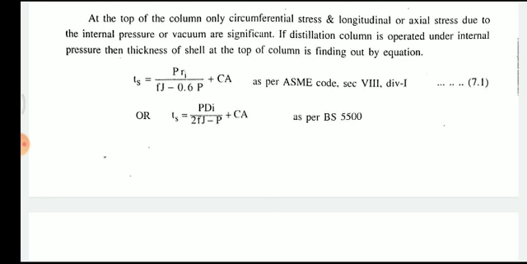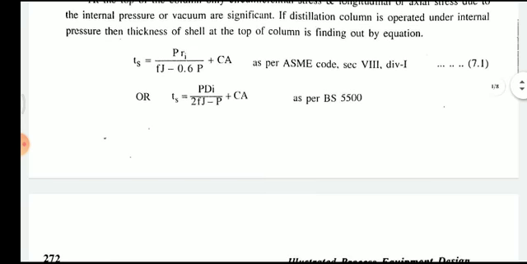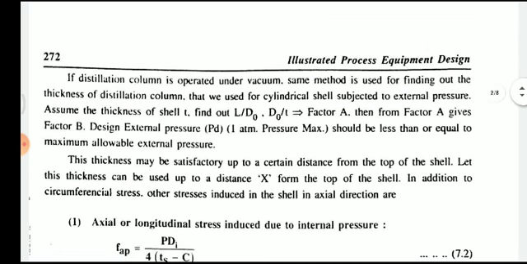In case the diameter is given, then Ts equals P times Di divided by (2fJ minus P) plus Ca. This is the standard method for the ASME code and BS 5500 code.